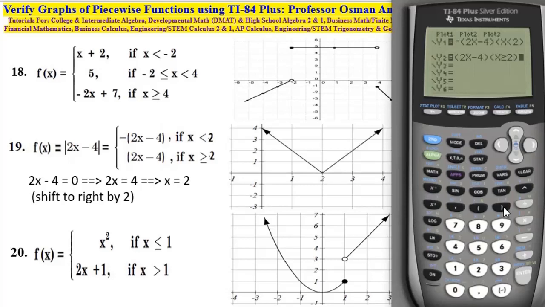So it is the negative of 2x minus 4 when x is less than 2, and it is 2x minus 4 when x is greater than or equal to 2. And graph, you should see the same graph as previous.